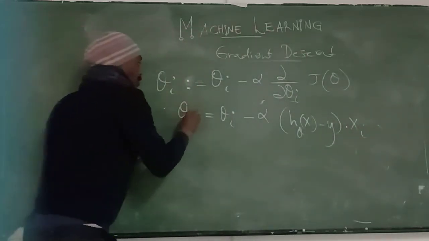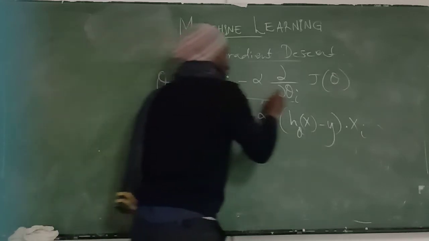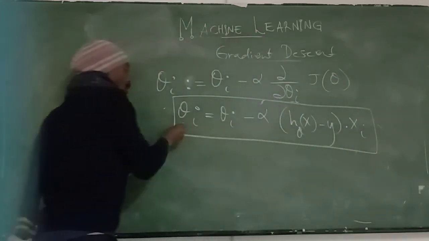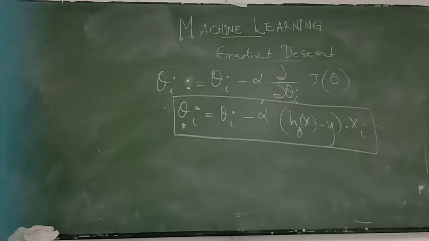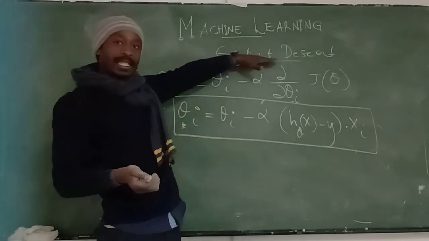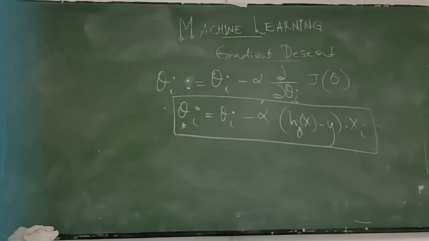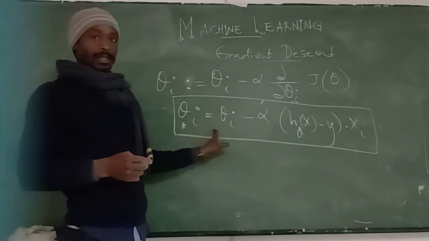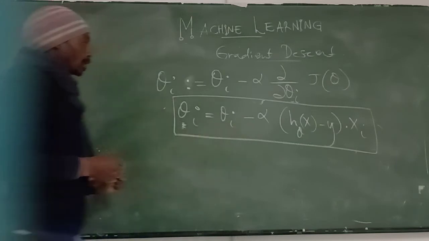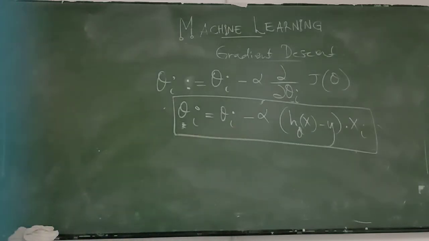Alright. So now this is an algorithm known as the gradient of steepest descent. This is the learning rule, right? So this is what the machine will use.